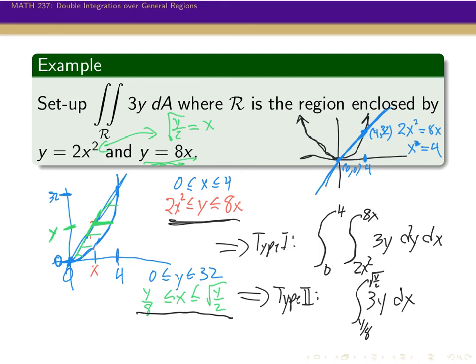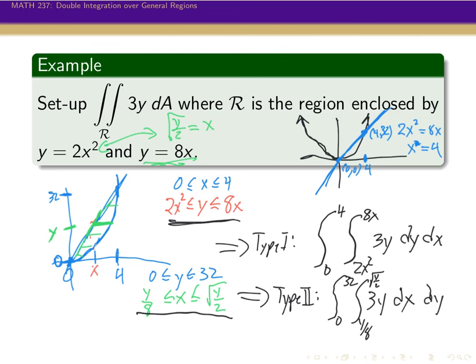And then after that, we're integrating in terms of y, from 0 to 32, dy. And so that's how we can represent this integral as a type 2 integral, where we integrate first in terms of x and then in terms of y.